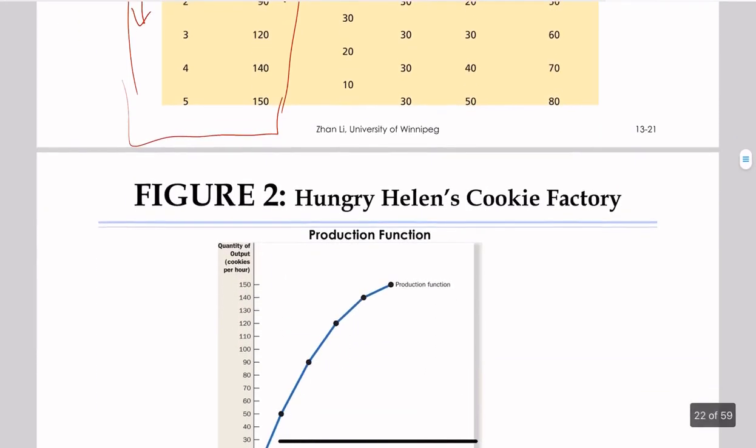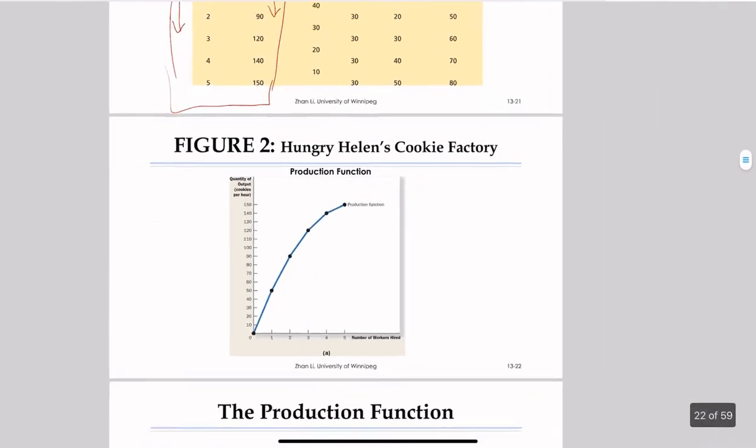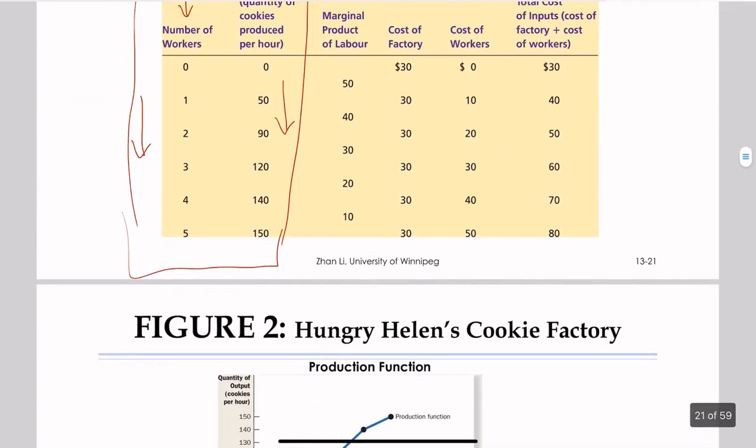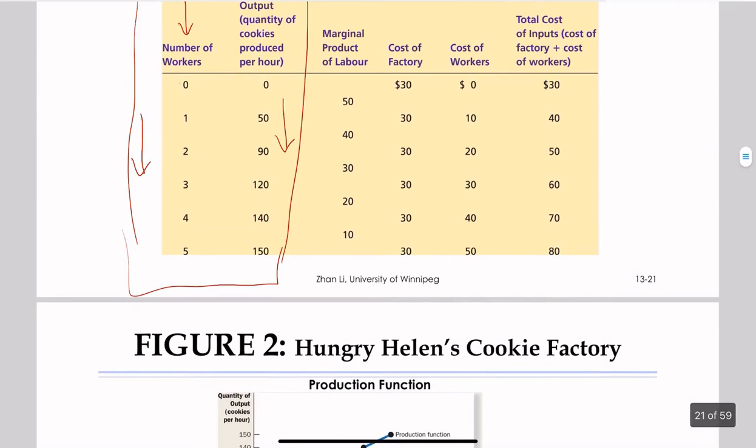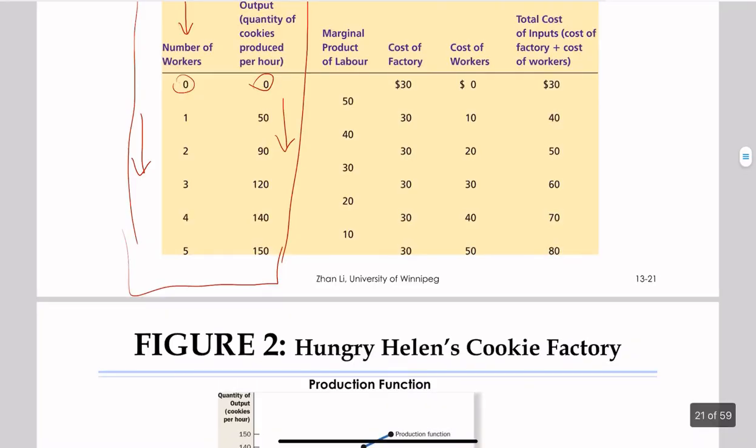So we can actually draw out these two columns, right? What you would do here is basically plot these points. You can see that if we have 0 workers, output would be 0.